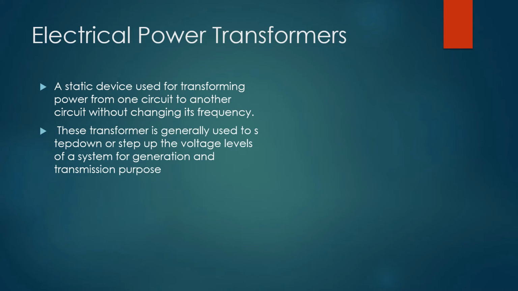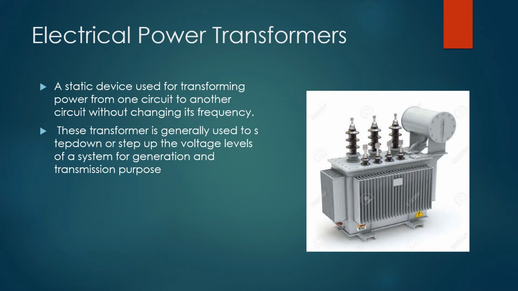The transformer is generally used to step down or step up the voltage levels of a system for generation and transmission purposes. So here is an example of a diagram of a power transformer. These are just the transformers that you have met along the power lines.